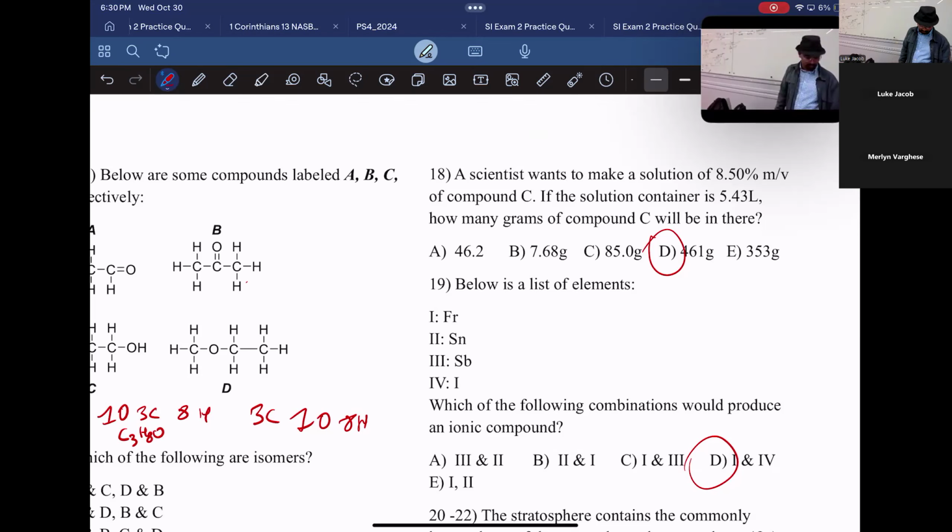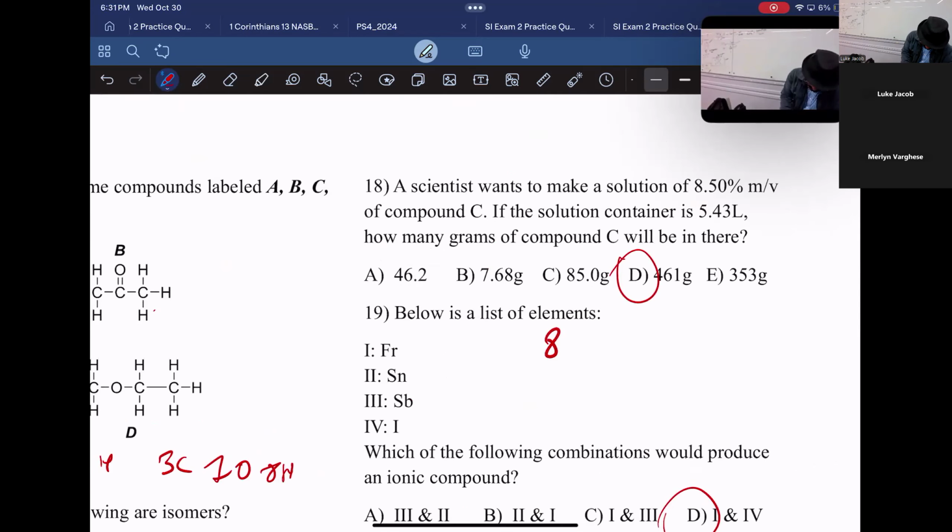A scientist wants to make a solution of 8.50 from 5. So I'll do the math here: 8.50 grams over 100 milliliters. If you're given 5.3 liters, you have to convert that to milliliters, so it'd be 5300 milliliters.